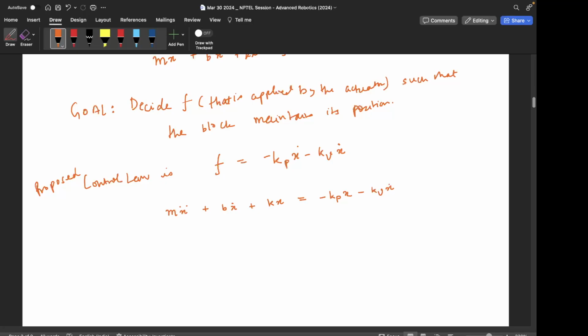Similarly, there is a part accounting for x dot also. If you give some velocity to the system, there will be a force which will try to decelerate it and bring it back to rest. So bringing everything on the left hand side will give us this expression.